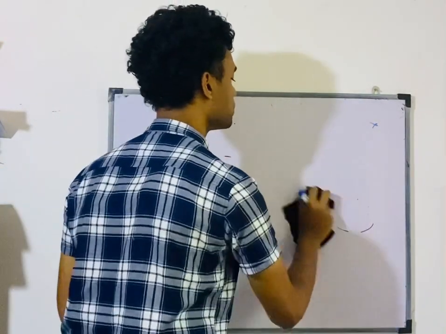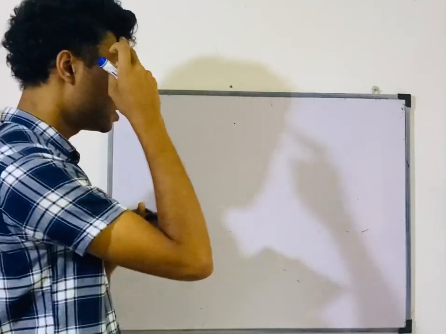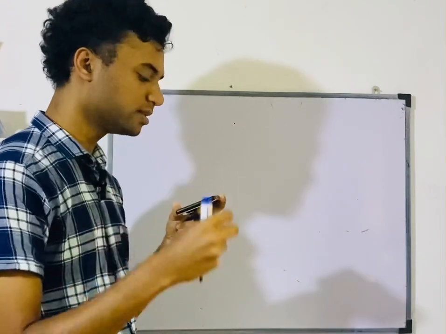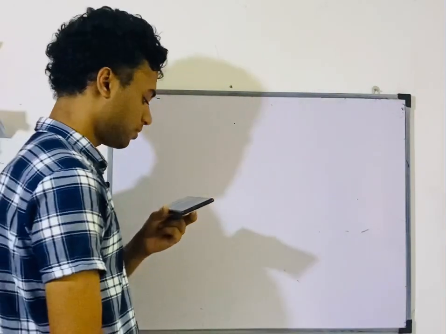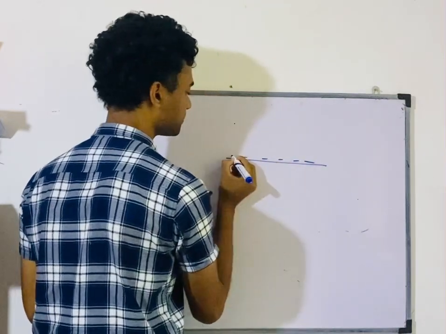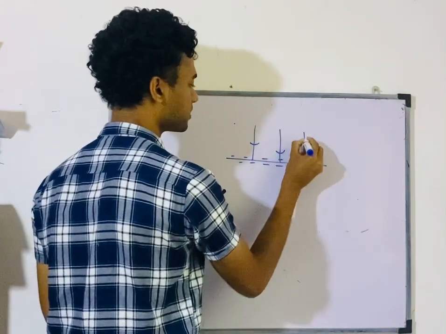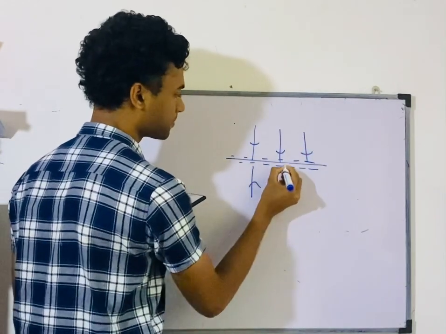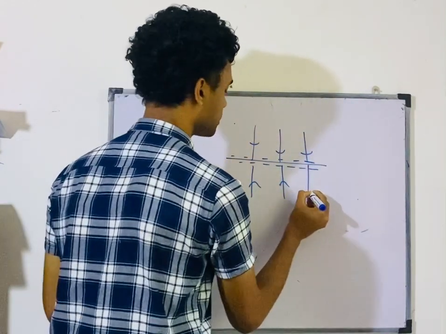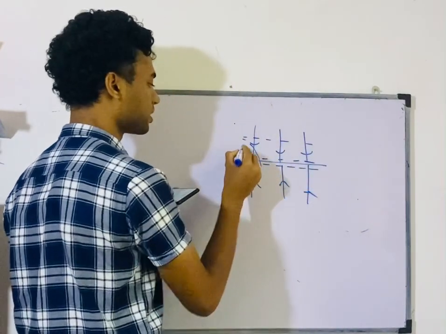First, I'm going to prove the electric field intensity around this infinitely long thin straight wire, right? Let's see. This is negatively charged, so electric field lines are coming towards it. I'm going to consider a cylindrical portion like this.